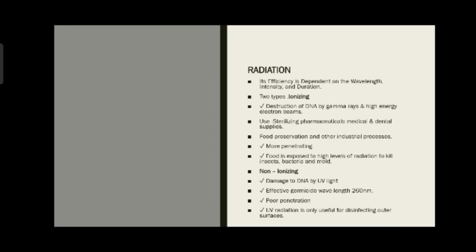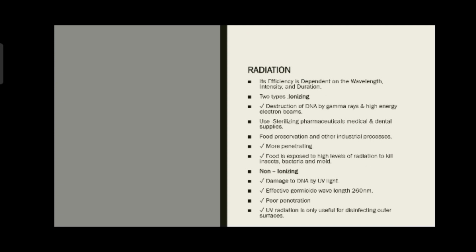The next method is radiation. There are various forms of radiation that can be used to kill microbes or inhibit their growth. Their efficiency depends on the wavelength, intensity, duration and so on. Radiation can be of two types: ionizing and non-ionizing. Ionizing radiations are highly penetrative and can cause direct damage to the DNA, which leads to cell death.